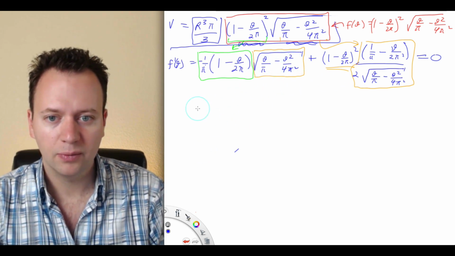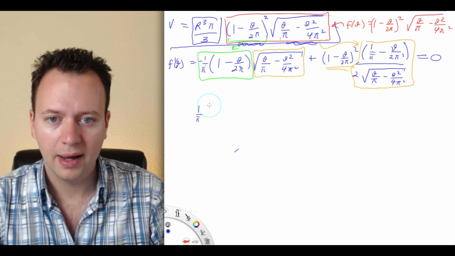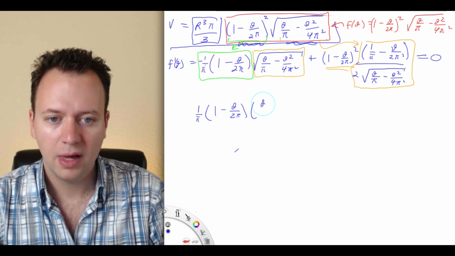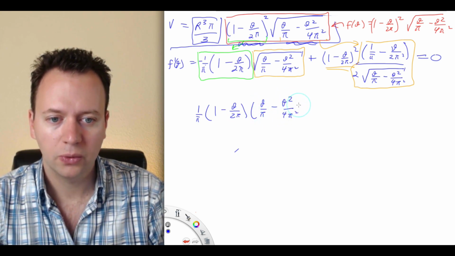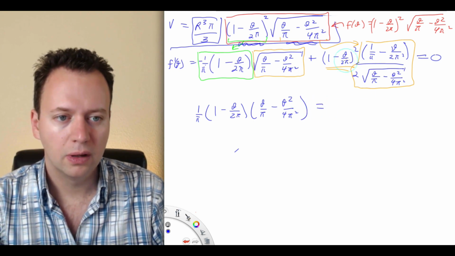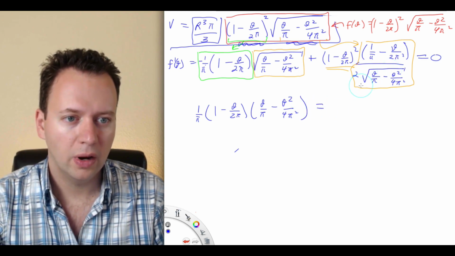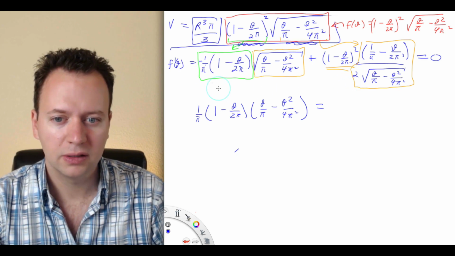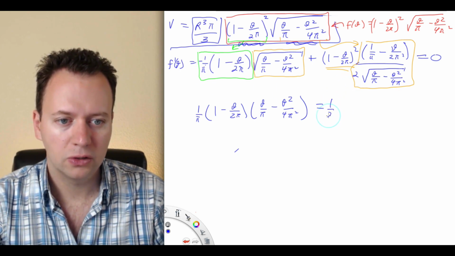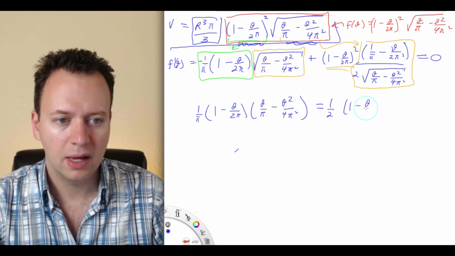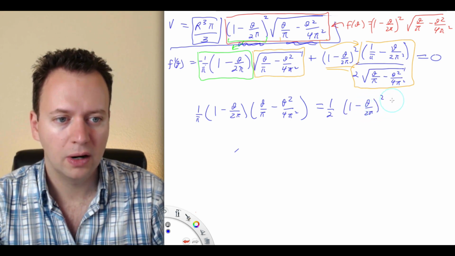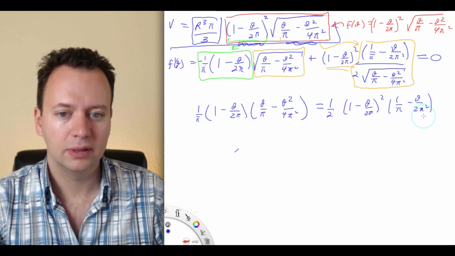So this stuff simplifies to 1 over pi times 1 minus theta over 2 pi times theta over pi minus theta squared over 4 pi squared, and that's equal to the numerator here. And in fact, we have a 1 over 2 here. That's okay, 1 over 2 times 1 minus theta over 2 pi quantity squared times 1 over pi minus theta over 2 pi squared. Okay, so that's equal to that.